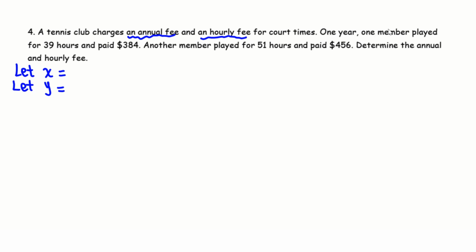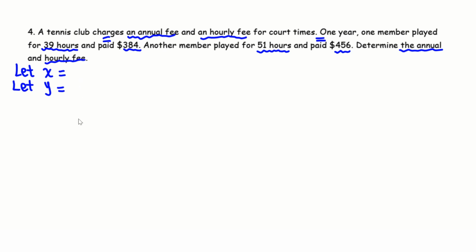In one year, one member played 39 hours and paid $384. Another member played 51 hours and paid $456. So this total paid means the equal sign here. The question asks you to determine the annual fee and hourly fee.